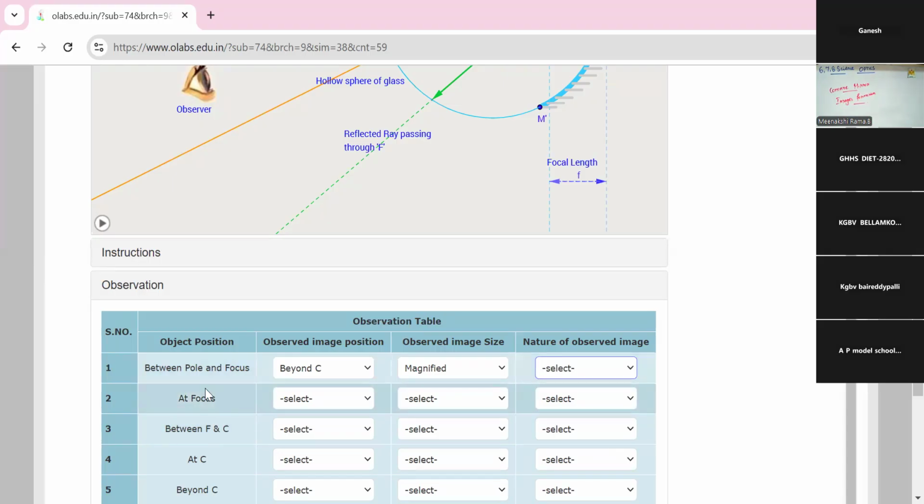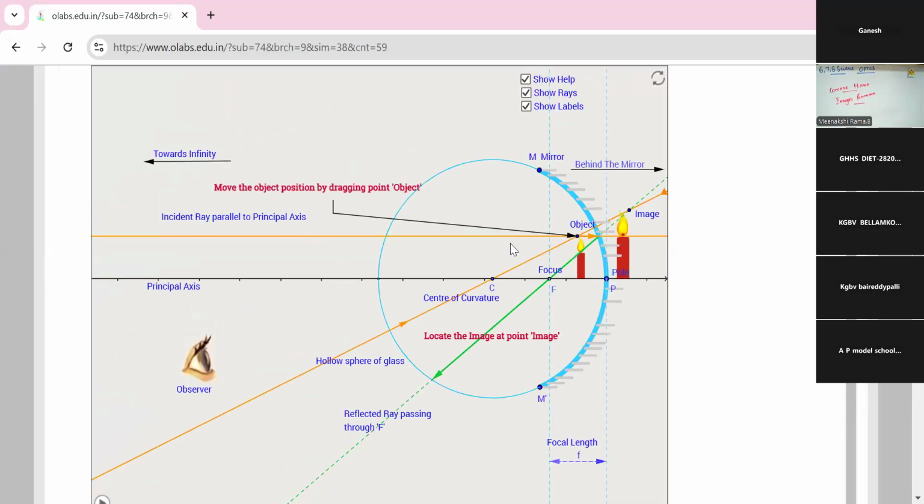So when we keep the object between the pole and focus, this kind of image will be obtained in this area. So this is the first ray diagram. Ray diagram means how the images are formed in the different kinds of mirror. Yes, this is a concave mirror. When we keep the object between the focus point and the pole point, the image will be of this size.